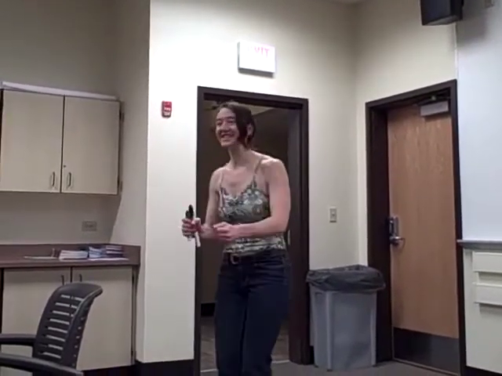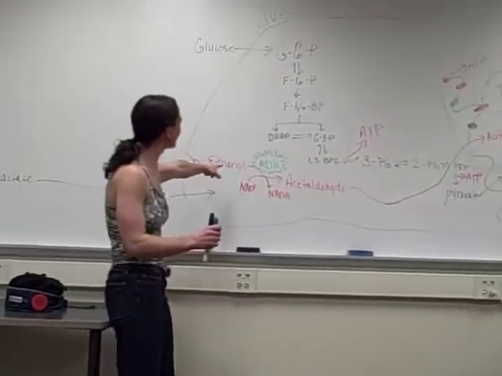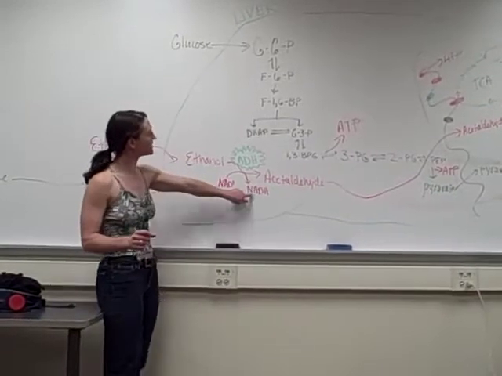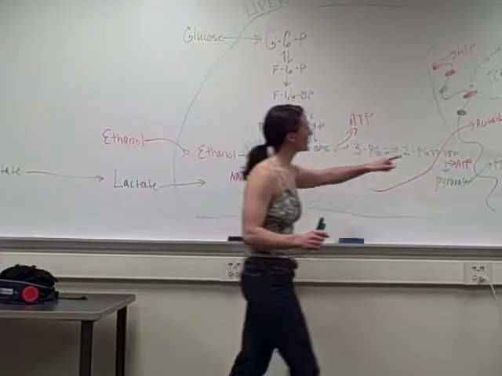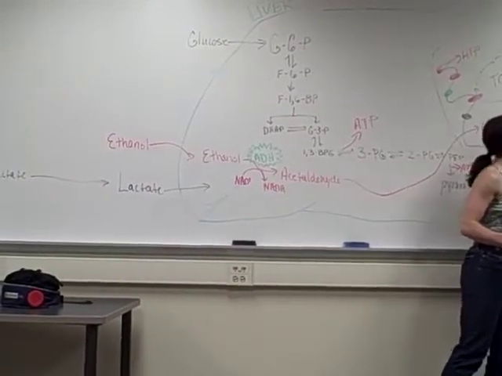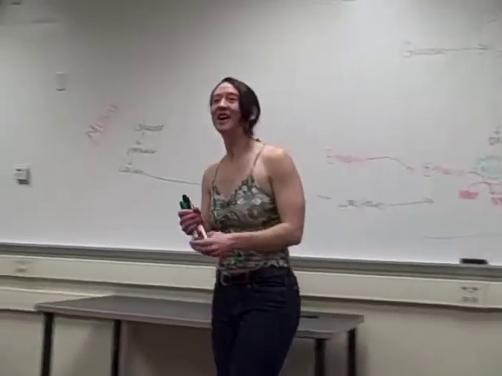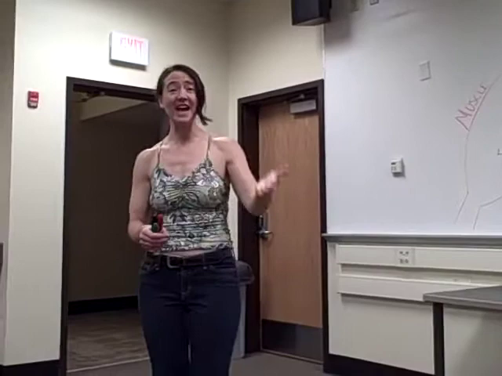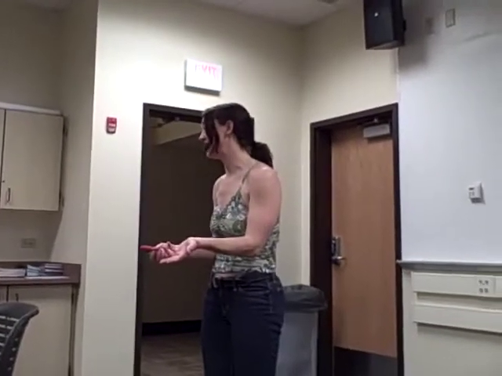But before you do a little dance, here's something that's not so good. Because as it turns out, as ethanol is getting detoxed, it forms another molecule. This molecule is called NADH. Notice over here, it's producing a lot of NADH as it gets detoxified. So NADH, nicotinamide adenine dinucleotide in its reduced form, is a molecule that represents more energy, actually.